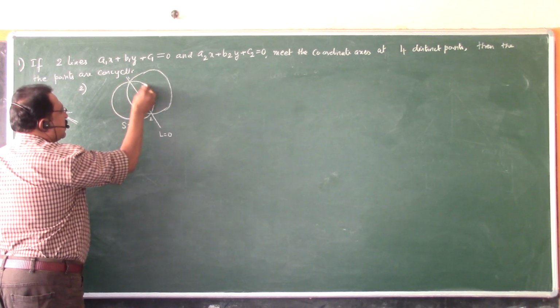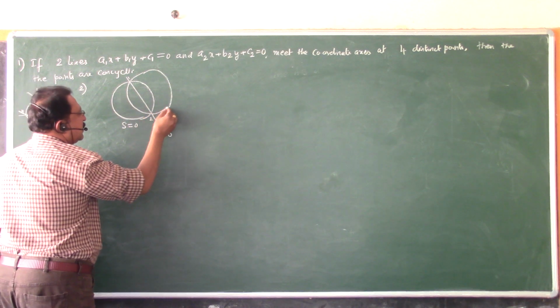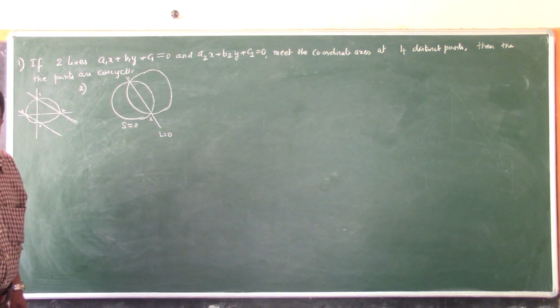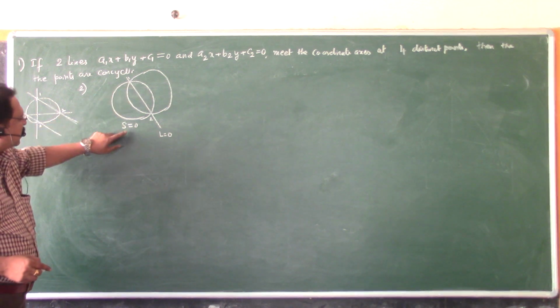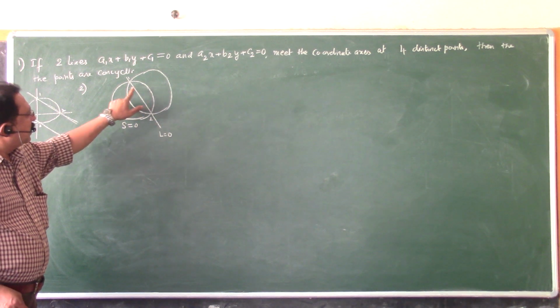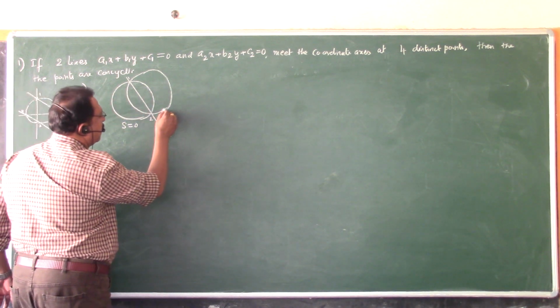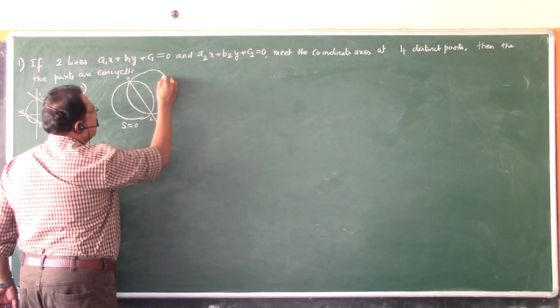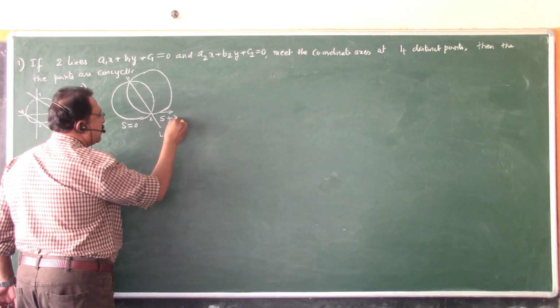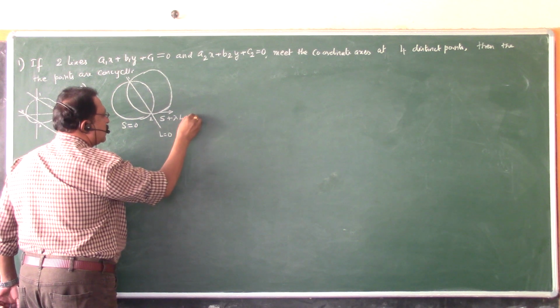This is the given circle. Now, this is the circle. How is this circle? It is passing through the point of intersection of S is equal to 0 and L is equal to 0. And this is the new circle or the required circle. Then the equation of this circle is of the form S plus lambda L is equal to 0.